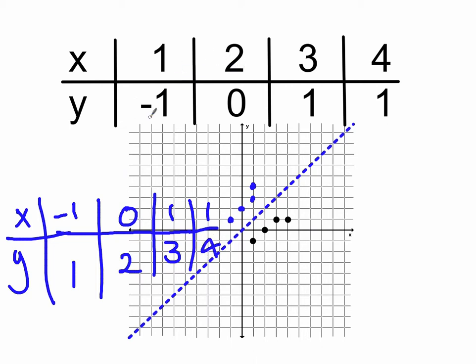If you notice, these two tables are the exact same. I've just changed my x and my y values. That's what the inverse does. It switches the x and y value for every single point of a relation.